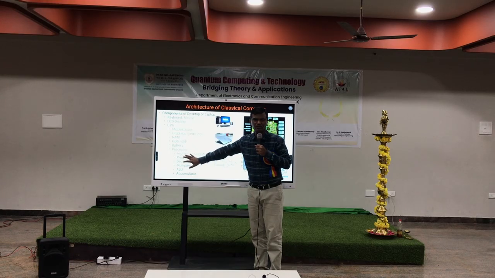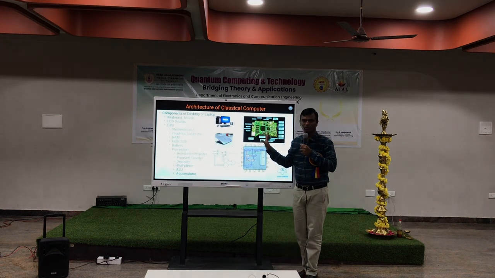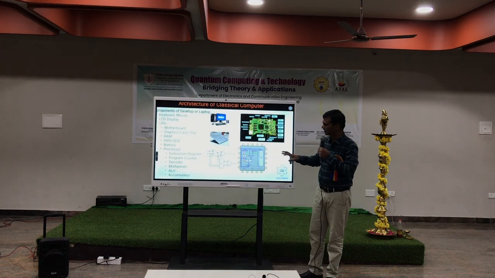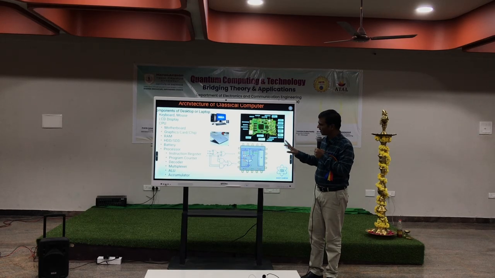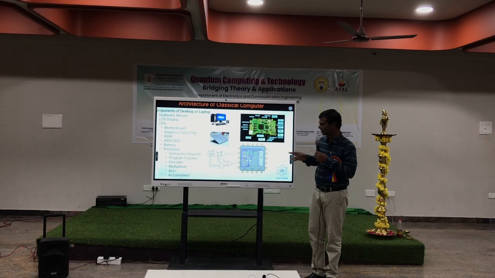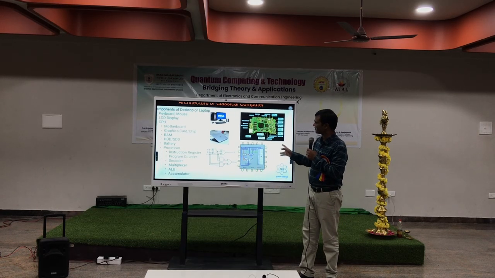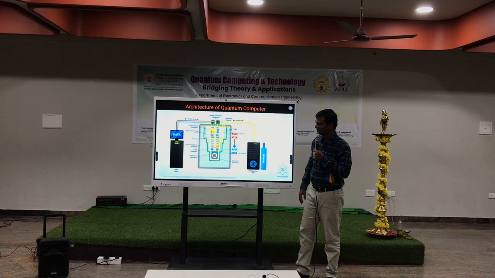It makes use of linear algebra. Here it is using Boolean algebra, there you are using linear algebra. Apart from this, the architecture itself will change, as you will see in the next slide.